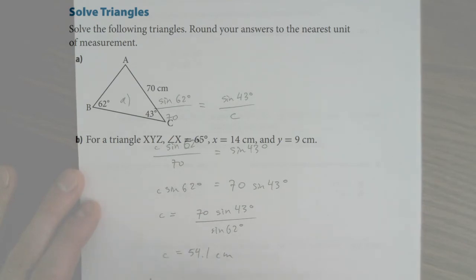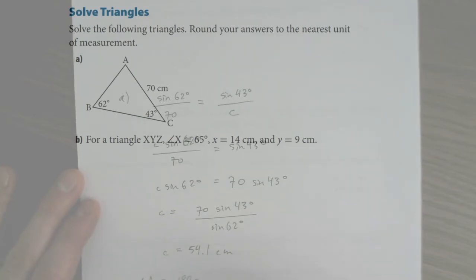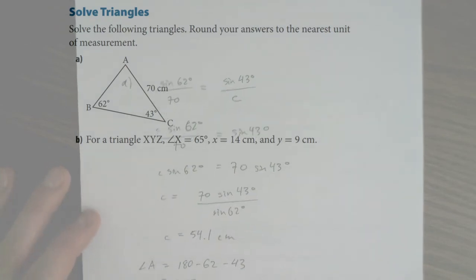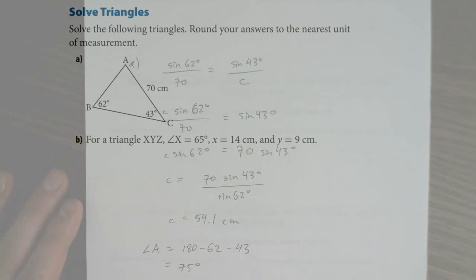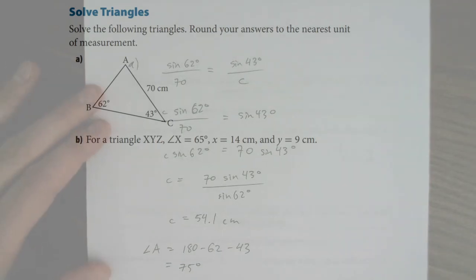Angle A is just going to be 180 minus 62 minus 43, 75 degrees. So we've got side C, angle A. What's left? We've got to find side A.